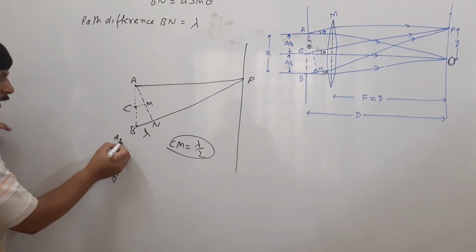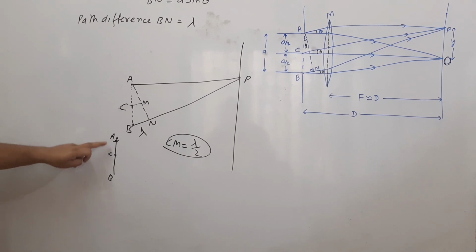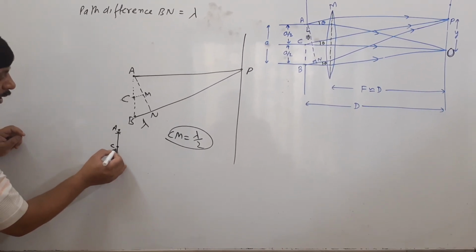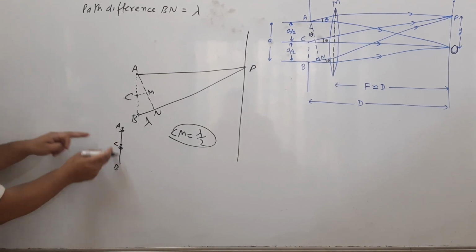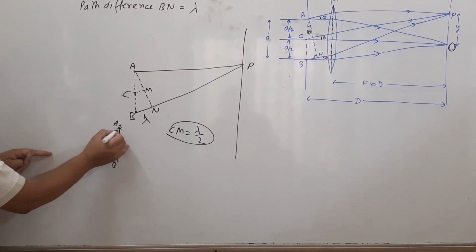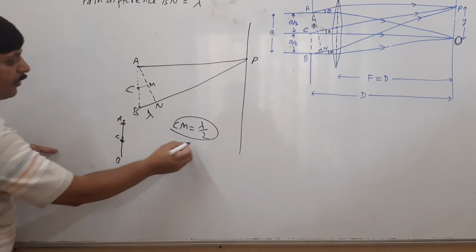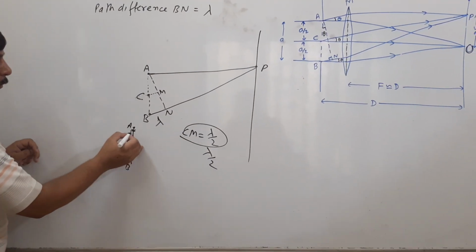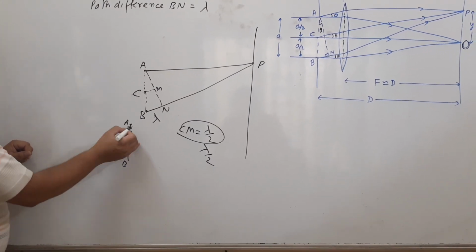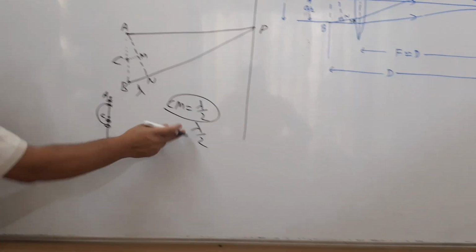If I take a corresponding point on AC just below A, and another point on CB just below C, these also have a path difference of lambda by 2. Similarly, I take another point here, and they also have a path difference of lambda by 2.